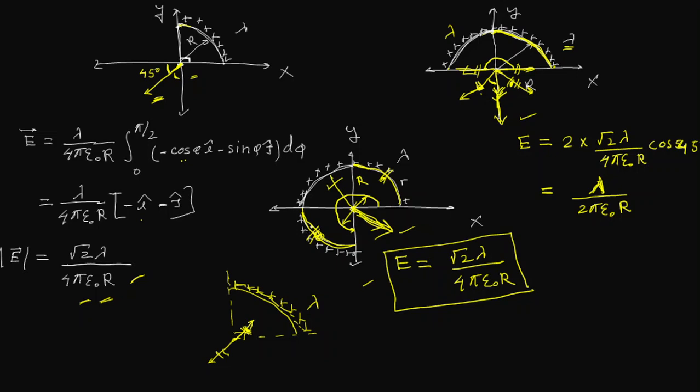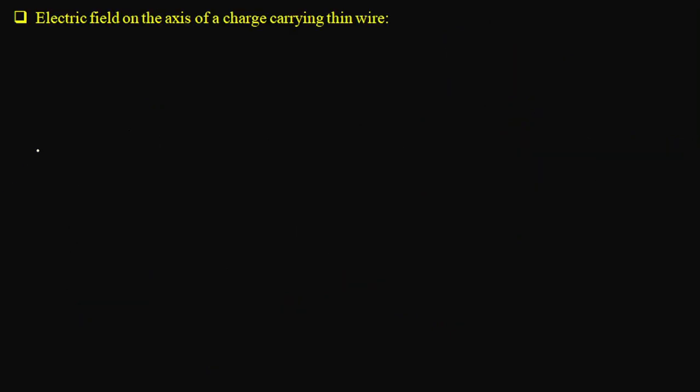But if it is uniform charge distribution, then using this result you can calculate electric field for this arc and also for this arc. Okay. So I hope that you get the idea how we can calculate electric field at the center of a charge carrying arc. Okay, then take a look at the next problem.